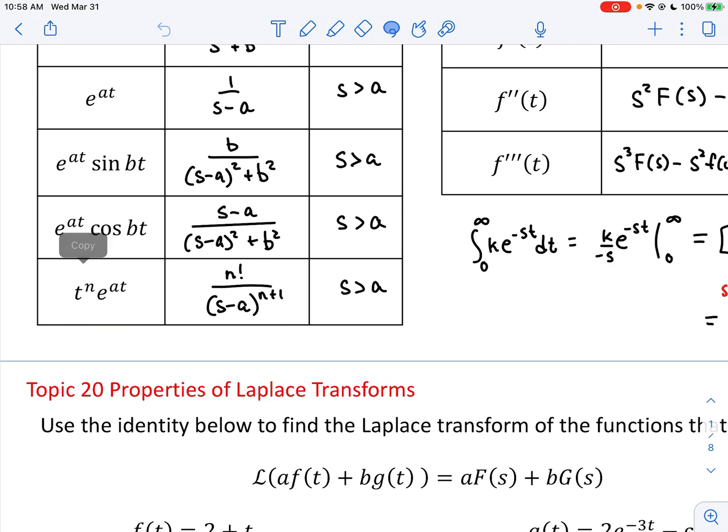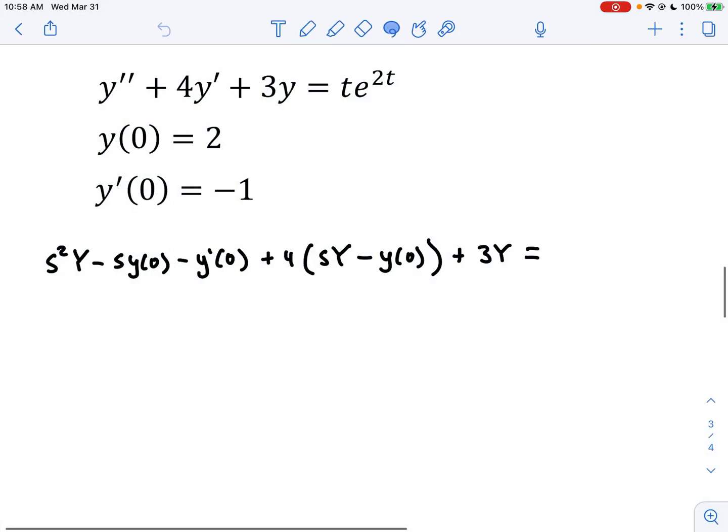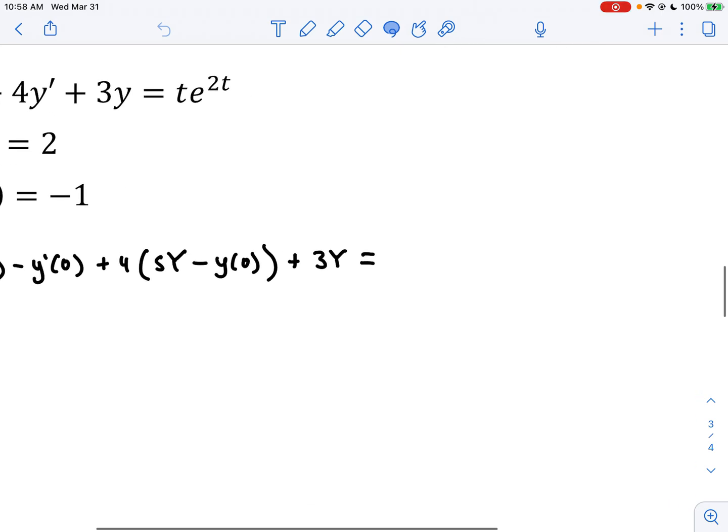So if you have t to the 1 times e to the 2t, then the n is a 1 and the a is a 2. So this would be 1 factorial, this would be a power 2, and this would be an s minus 2 inside there. Okay, all of that leads to the Laplace transform of t times e to the 2t being 1 over s minus 2 squared.